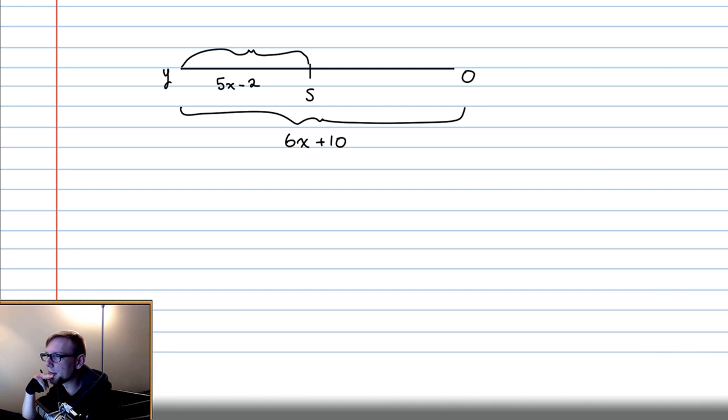There's one more piece. No. Think about, there's a word in there. Midpoint. What does midpoint mean?